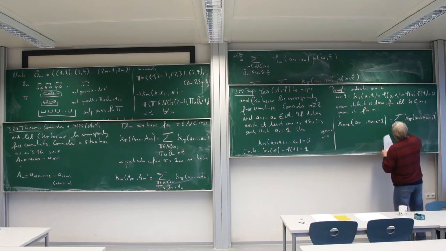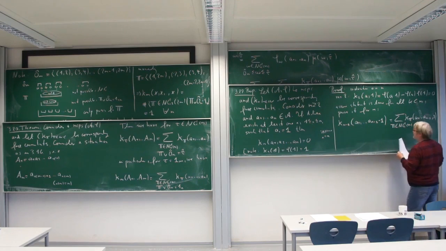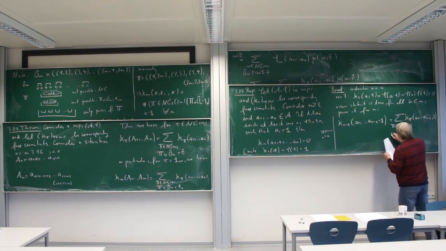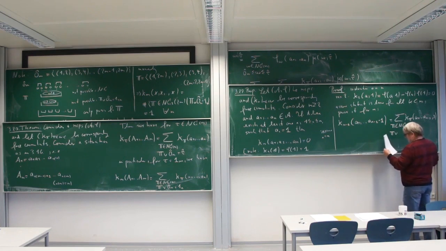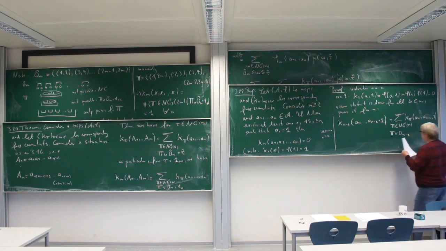And the pi's are non-crossing partitions of n elements such that I have this condition pi join 0_{n-1} hat is equal to 1_n. Here m is now n minus 1.